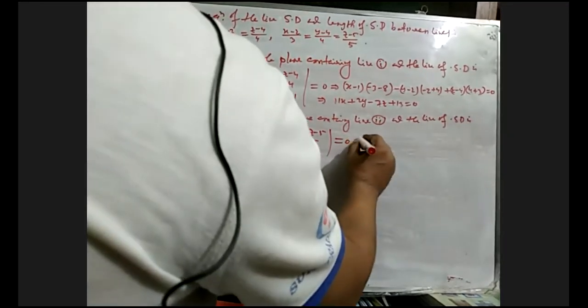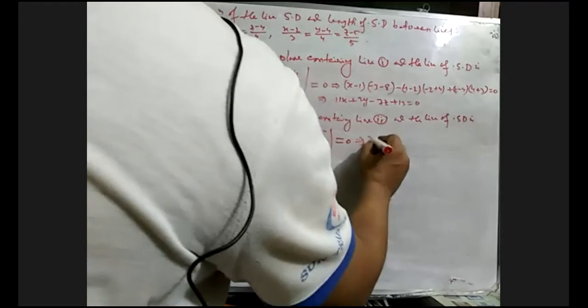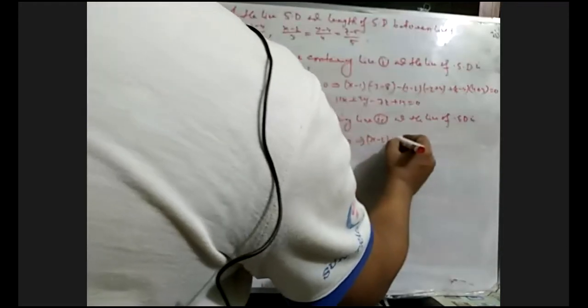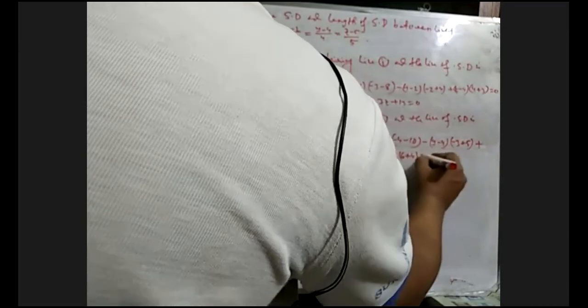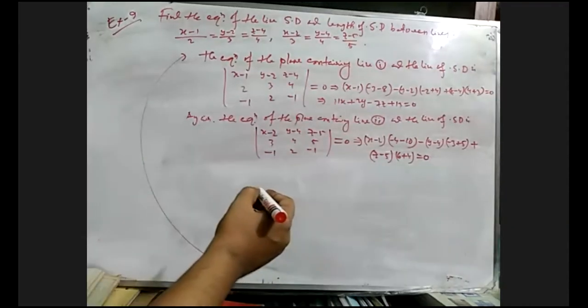So we can write (x minus 2) into minus 4 minus 10, minus (y minus 4) into minus 3 plus 5, plus (z minus 5) into 6 plus 4, equals 0.